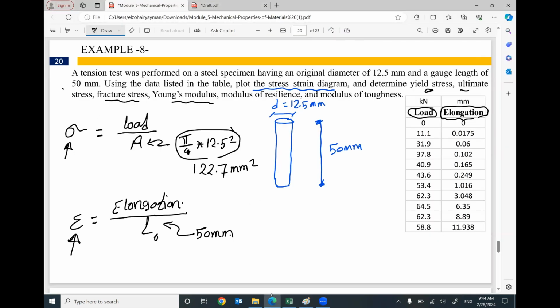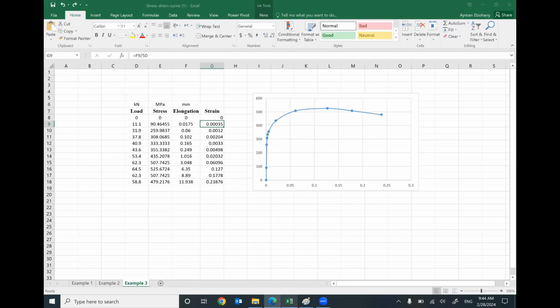We need to figure out the modulus of resilience and modulus of toughness. If you remember, the modulus of resilience is the area under the linear relationship. Looks like this linear relationship ended at this point.